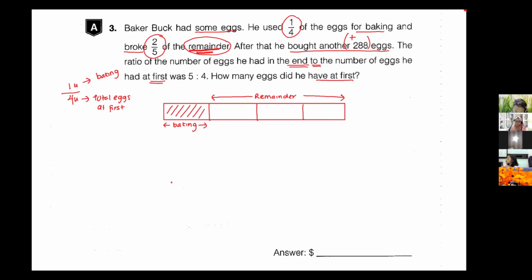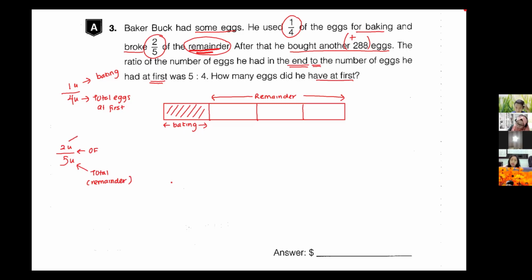Okay, now we move on. And broke 2/5 of the remainder. Now let's take out that fraction. 2/5. This is unit. This is unit. Of is this line, the remainder. So this is my total, and it's referring to the total remainder.